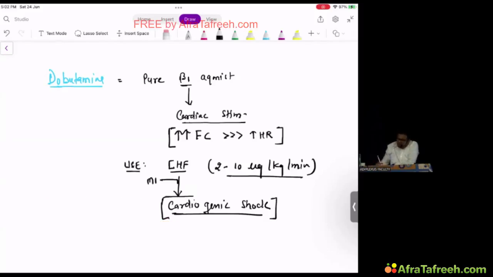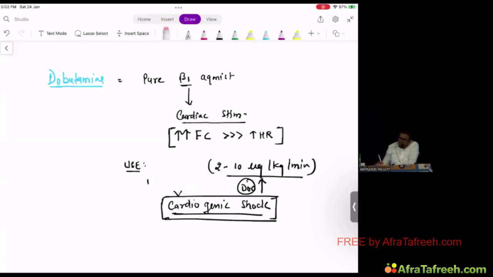So anywhere you have cardiogenic shock, what is the drug of choice? Dobutamine. So sometimes the word cardiogenic shock is written in the use, sometimes CHF, sometimes post-MI. All you need to understand is that due to some problem the heart is not contracting sufficiently.